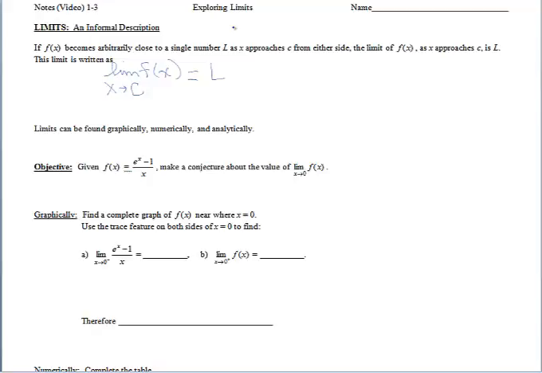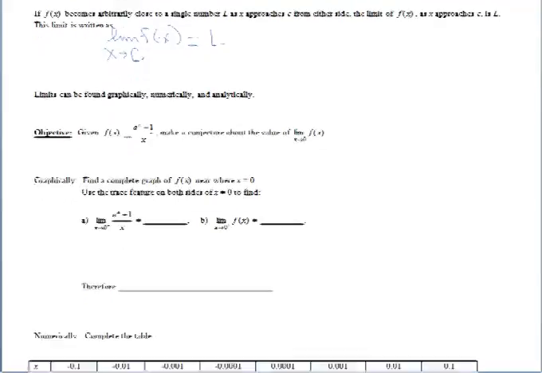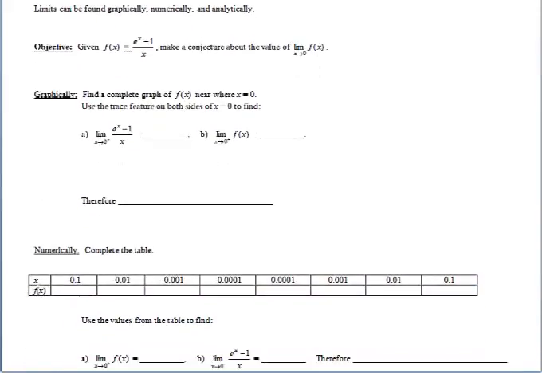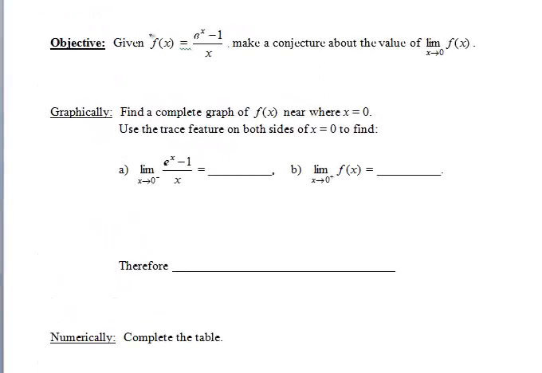Now, limits can be found graphically, numerically, and analytically. In this first example, we're going to start with the graphical approach. We have this function, and it wants us to make a conjecture about the value of the limit as x approaches 0, as x coordinates become really close to 0.